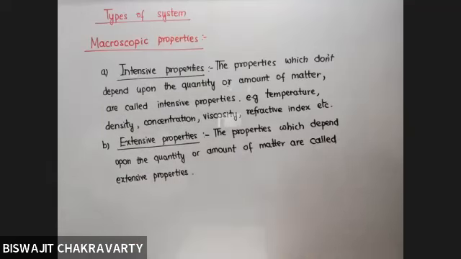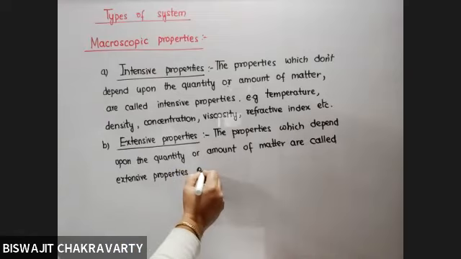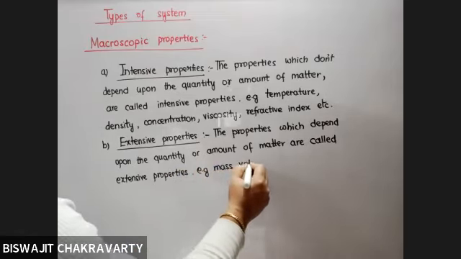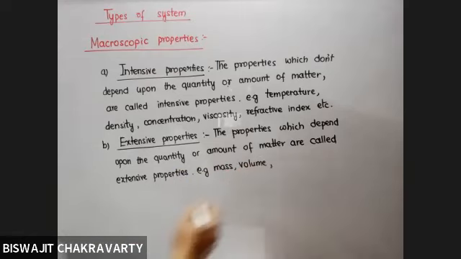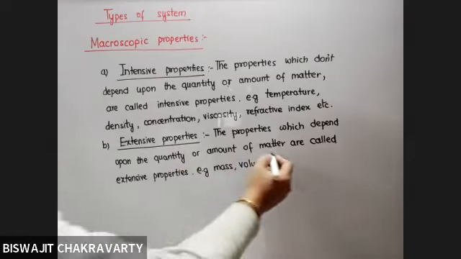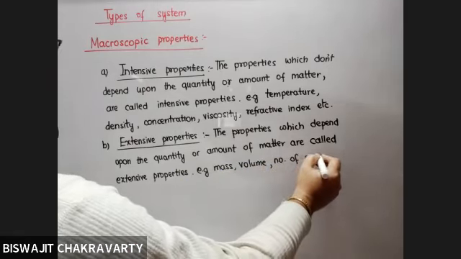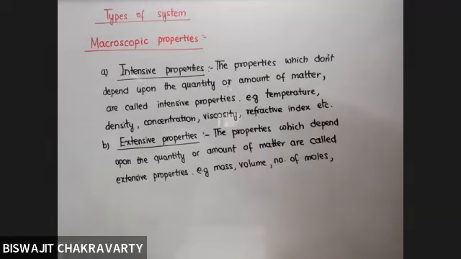So thermodynamic, as for example, mass, volume, these are normal terms, but in the next coming days, all the thermodynamic properties that we will be coming across are found to be completely extensive. Number of moles depends upon the amount of substance.